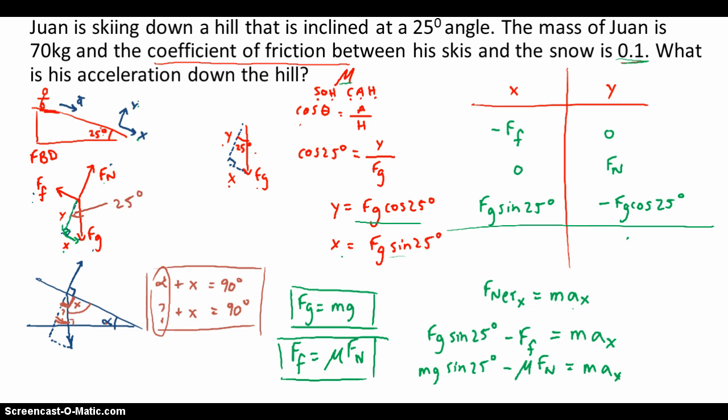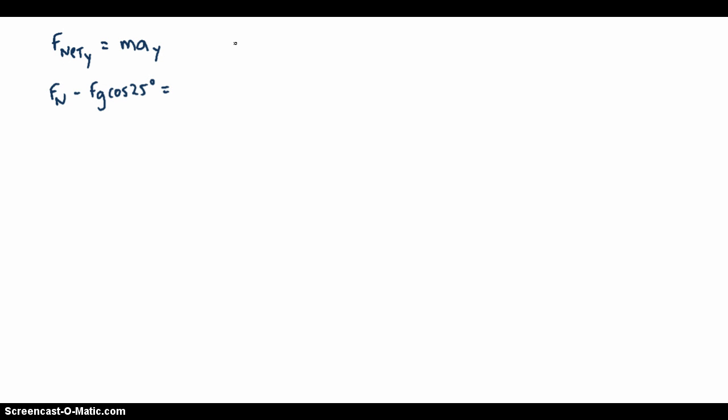So generally, whenever you can, create your coordinate system in the same direction as the acceleration. It's always very helpful. Because with this question, because of our coordinate system that we created, the acceleration in the y direction is 0. So 0 times the mass is 0. So this makes it a lot easier. We can just solve for the normal force now.